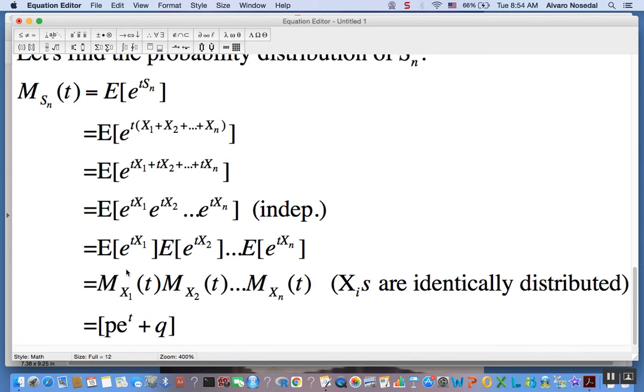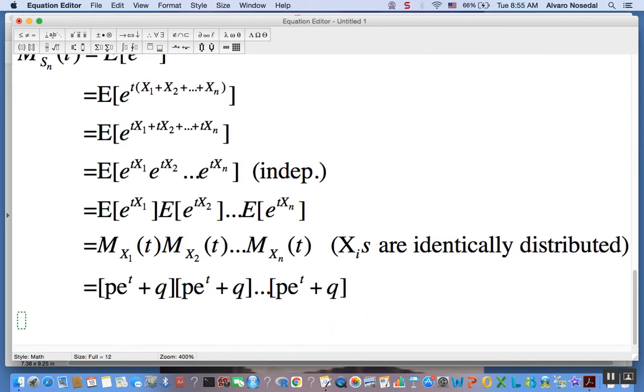That would be the MGF of the first one, but they all have the same distribution, so they all have the same MGF. So what we have is this (p e^t plus q), n times.